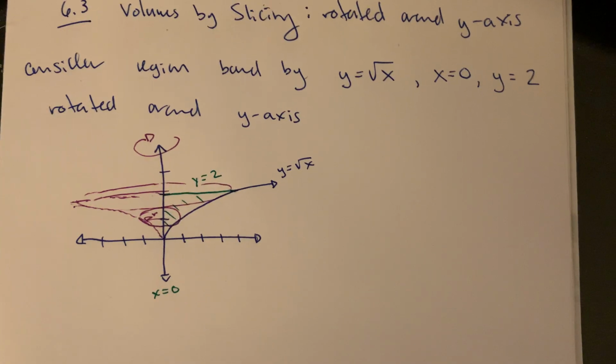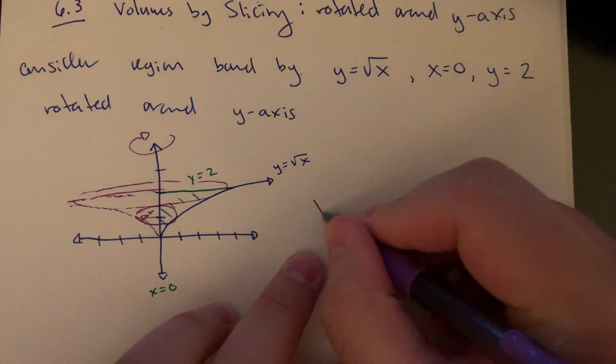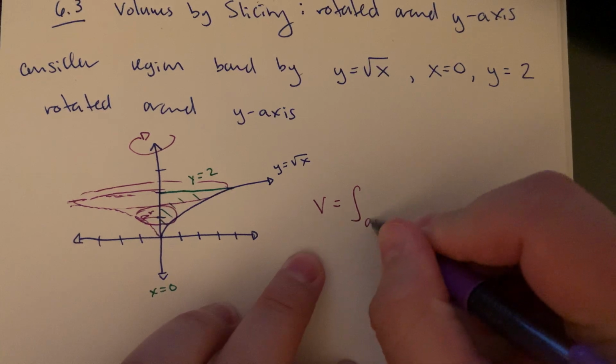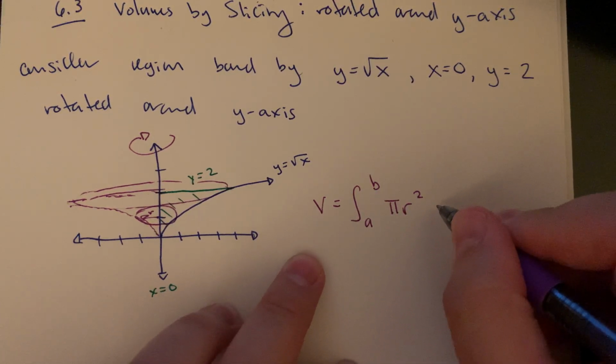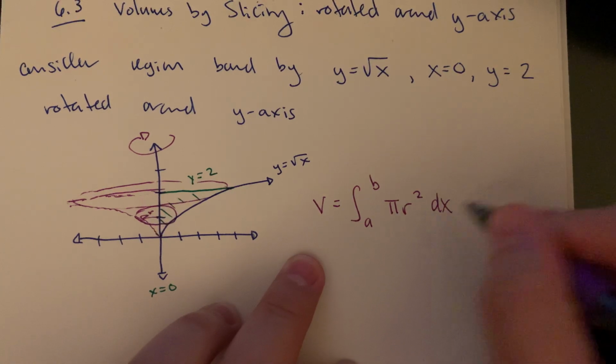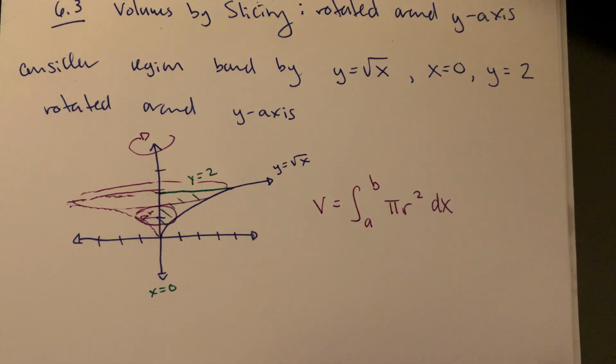So what's the perspective here? In theory, our volume should be from A to B, this pi r squared dx. Now, what's going to happen here is we're going to do a change up.